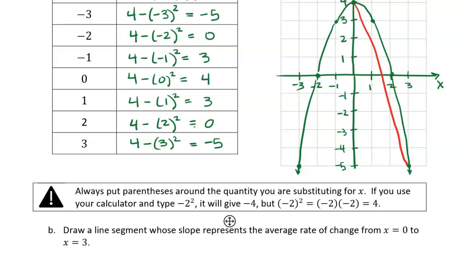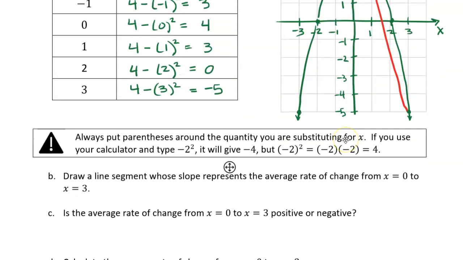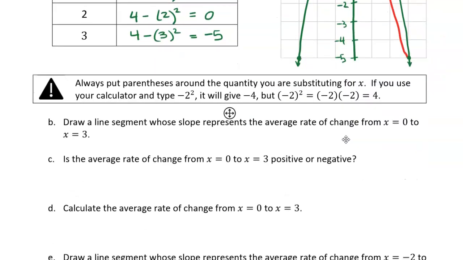So it's a negative 9 over a positive 3. You can tell because it's sloping downhill as you go from left to right. So the average rate of change over that interval is negative.